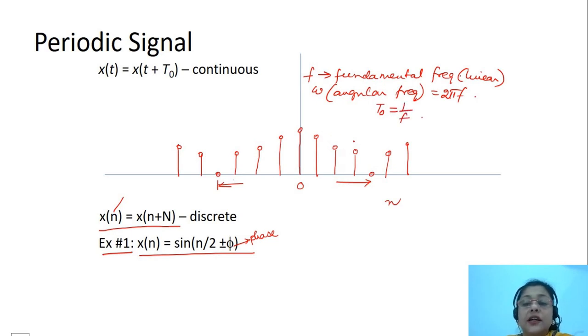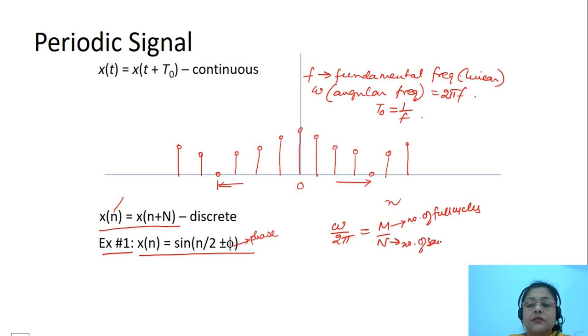Now one necessary condition for a signal to be periodic in nature is omega by 2 pi should be a rational number, m by n, where m is the number of full cycles and n is the number of samples.